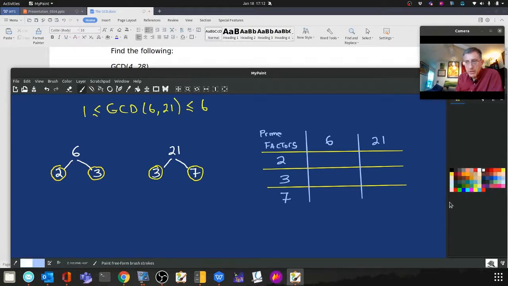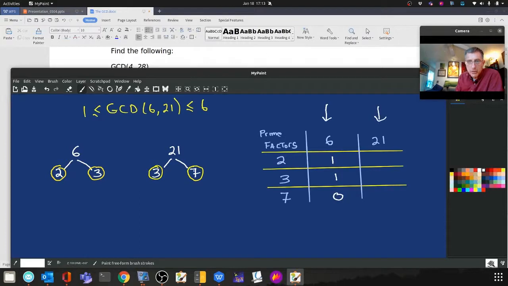And now what you do is this. You look at 6 and ask yourself, how many 2's occur in the prime factorization of 6? Just 1. How many 3's? 1. How many 7's? 0. Now let's go to 21.